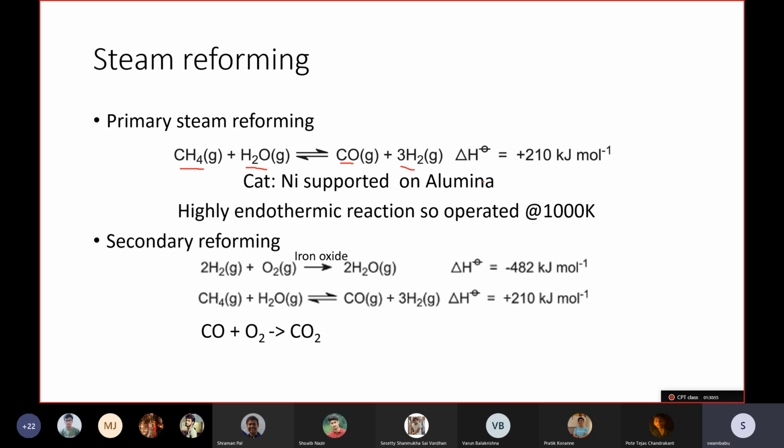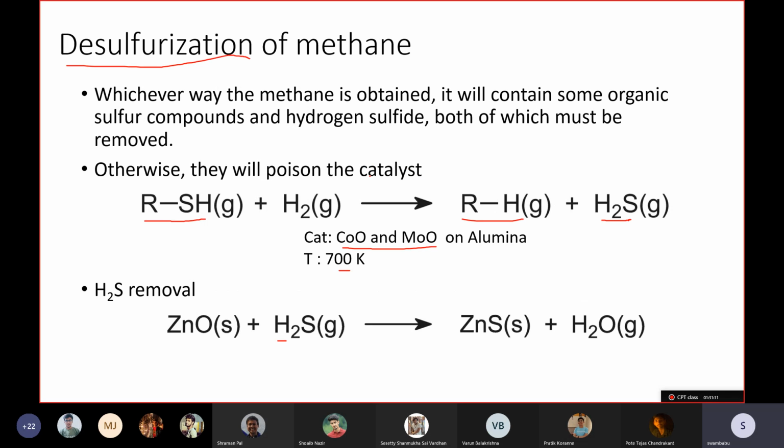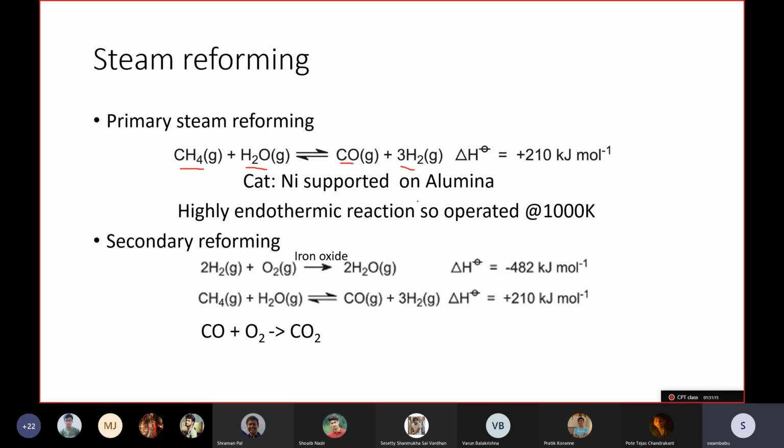Whenever we want to carry out hydrogenation or dehydrogenation reactions, we need a metal catalyst. That's why in the previous step also we needed a metal catalyst, and here also we need a metal catalyst. So nickel supported on alumina catalysts are being used.